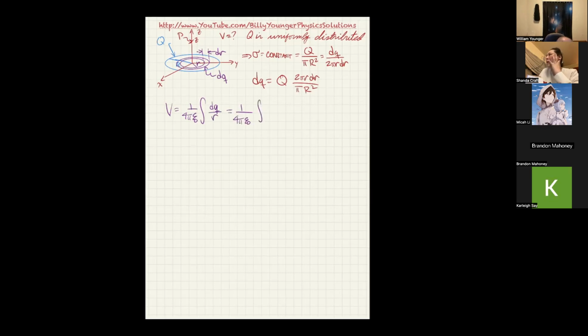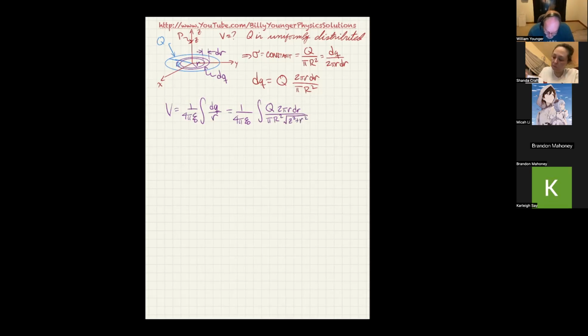Then the integral is Q times 2 pi r dr over pi r squared, and then times the distance that is from z, which in fact will be the square root of z squared plus r squared, like that.